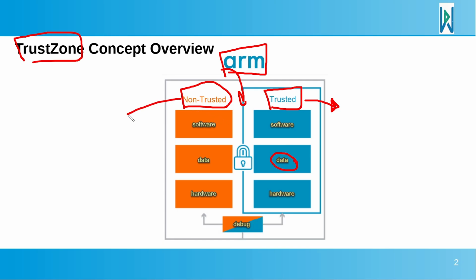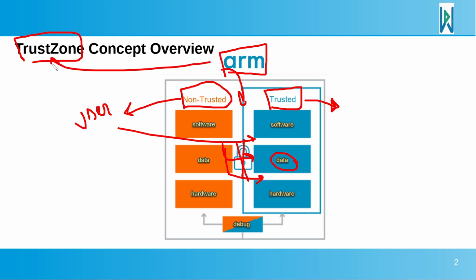The non-trusted software entity will be mainly the user application, and this one should not have access to any secret data or critical hardware resources. So the main idea behind this ARM TrustZone is to create kind of hardware isolation between the non-trusted software and the trusted one.